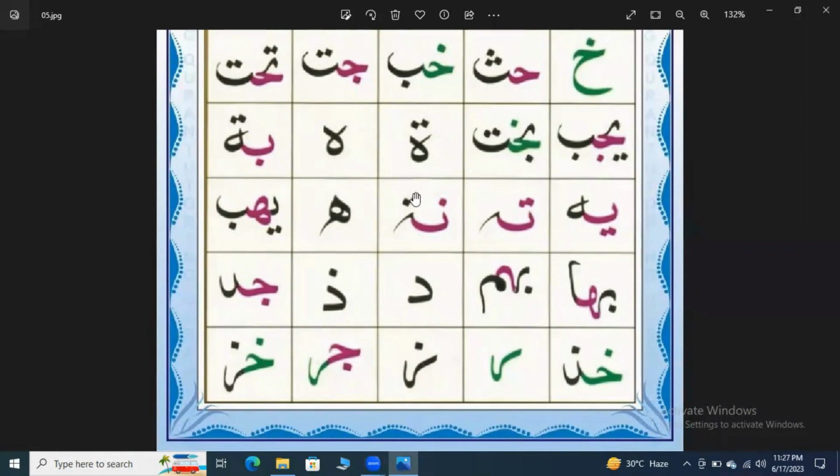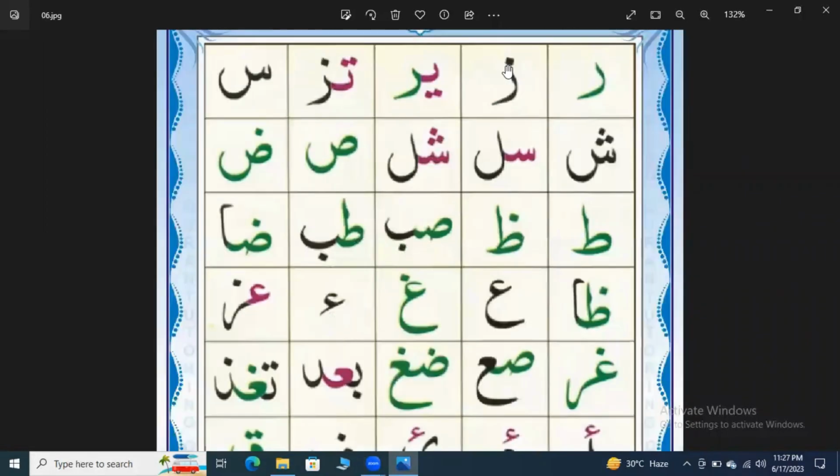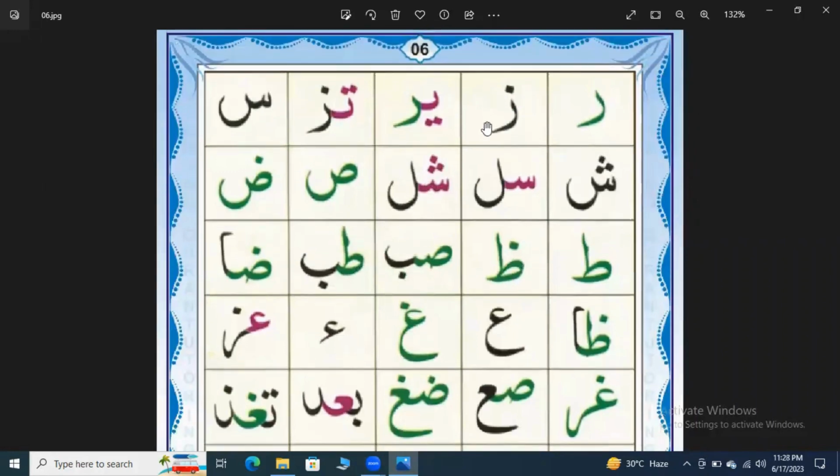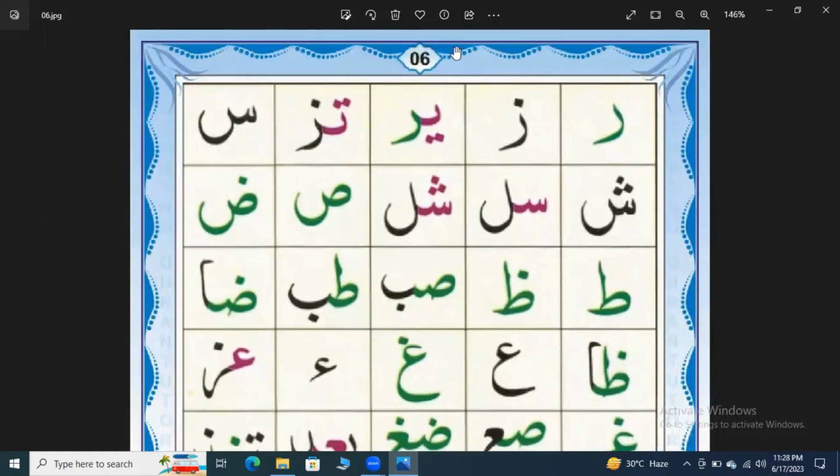And why do these Ra and Za have more than one shape? It's because of change in font, nothing else. When Ra is written in one font, it looks like this.